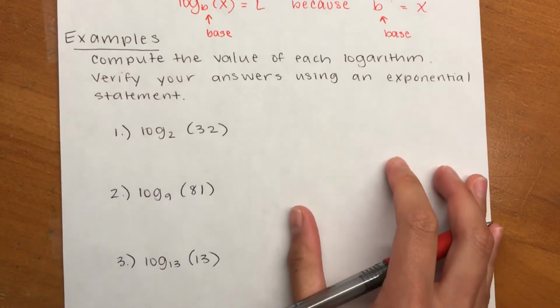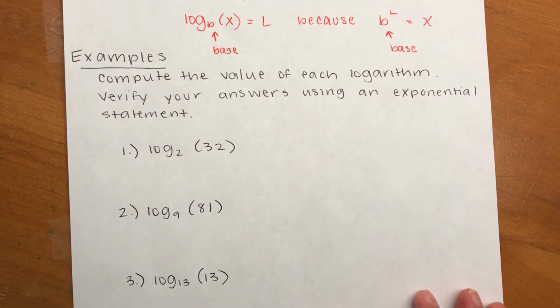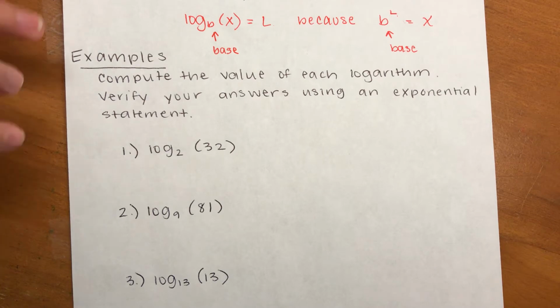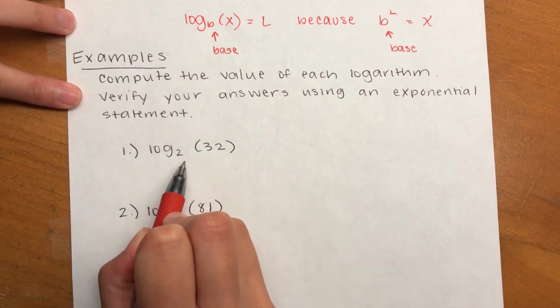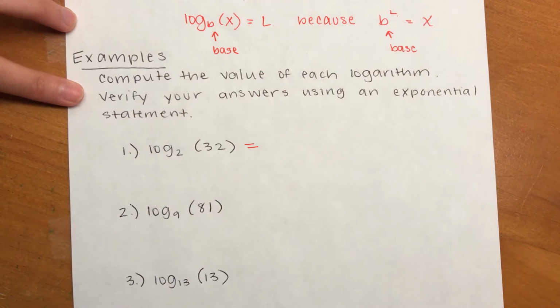So for example, the directions here are: compute the value of each logarithm, and verify your answers using an exponential statement. Okay, so I want to figure out, what does log base 2 of 32 equal? And what I really want to do is write this as an exponential statement.